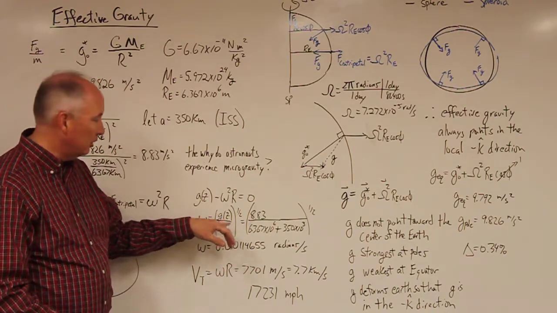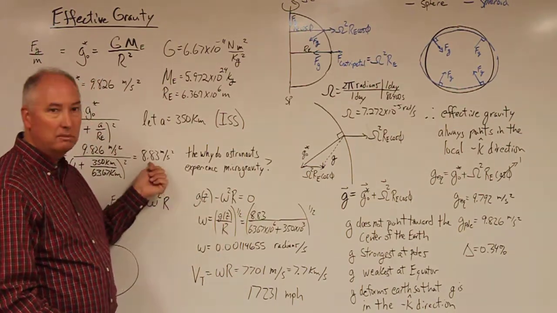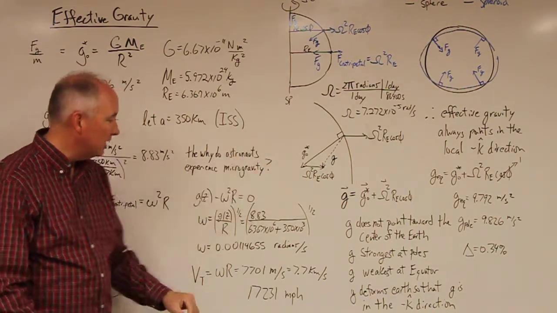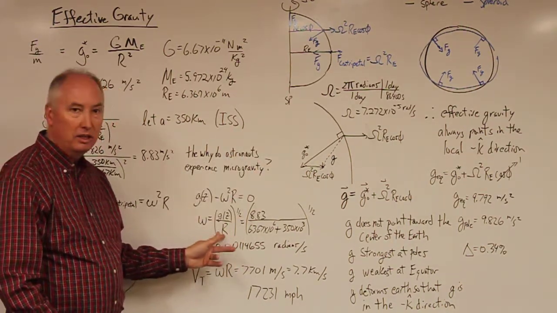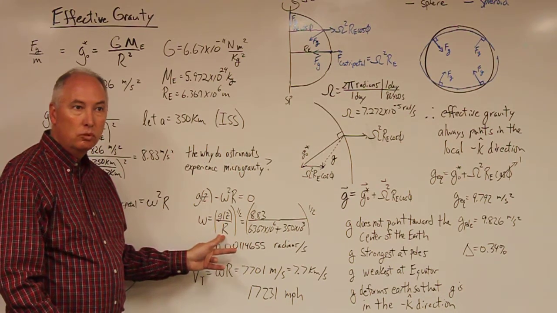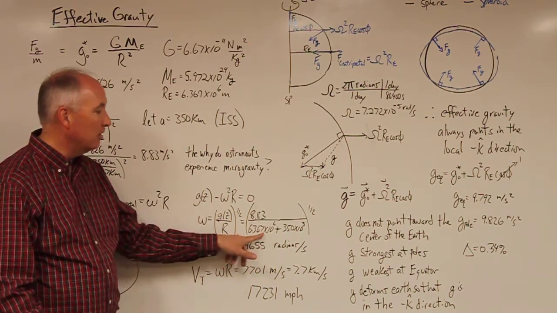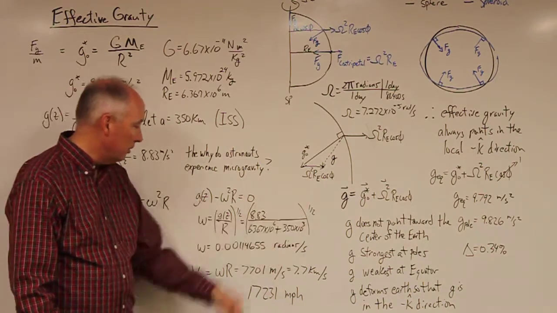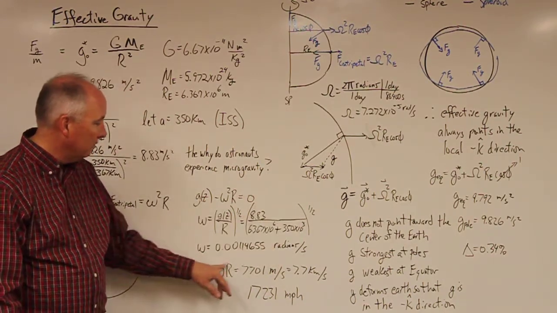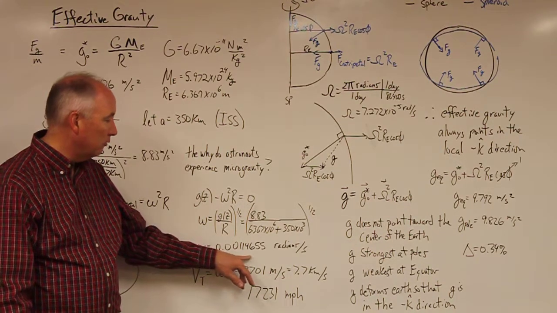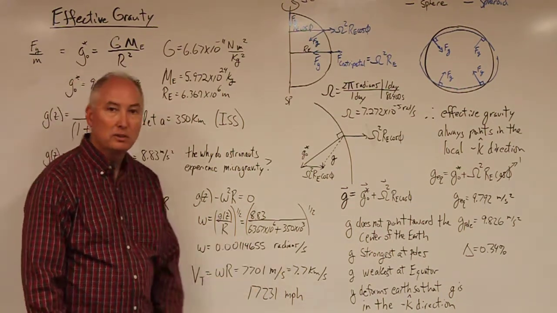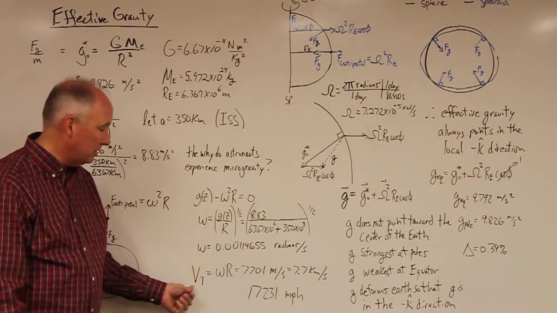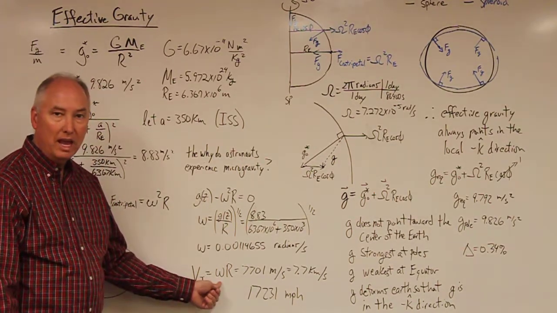That's the square root of g as a function of height, which in this case is 8.83 meters per second squared at the altitude of the International Space Station, divided by the radius, which is the radius of the Earth plus the altitude of the satellite, r plus a. Take the square root of that, and you'll get an omega of 0.00114655 radians per second.